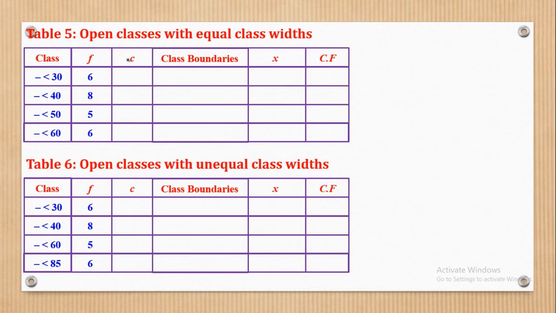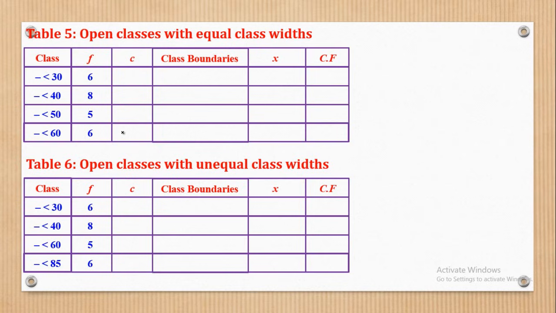The first thing to do is to get the class width, to find out whether the class width is the same, is constant, is equal, or unequal. So how do we get the class width for when we are given only upper class limits? When you are given only upper class limits, to get the class width, start from the very end or start from the bottom.